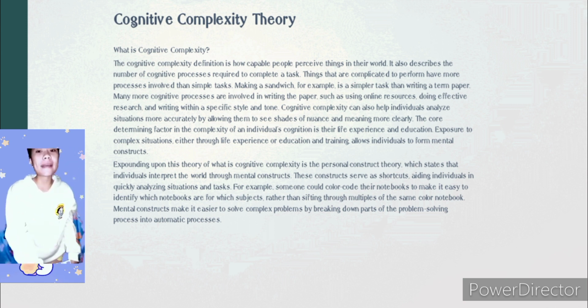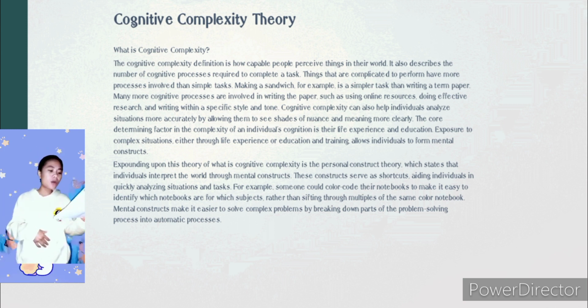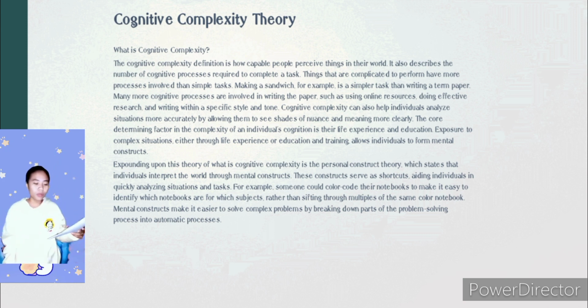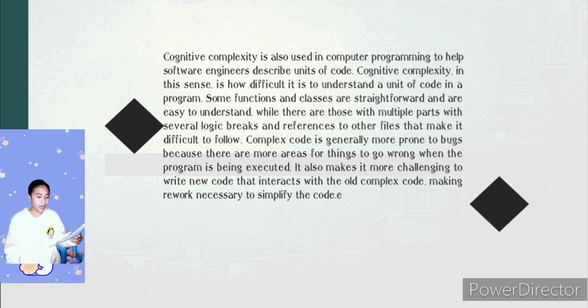Cognitive complexity example. Imagine there is an individual who is learning how to cook and opens their new cookbook to a recipe they've been considering. The recipe calls for several ingredients that they never heard of before. So, they must take the time out to research these ingredients, figure out what they are, and search for them at the store.